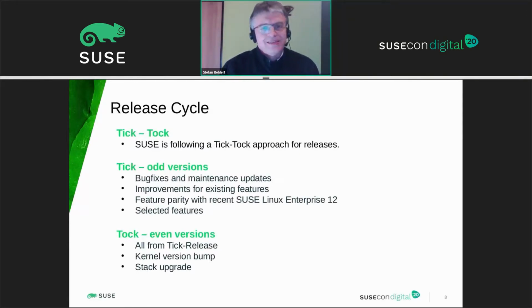Our releases, our service packs, come in two flavors. On one side, the odd versions: Service Pack 1, Service Pack 3, Service Pack 5, where we include mostly bug fixes and the maintenance updates that we have released since the first customer ship, but also a little bit of improvements for existing features, and add a little bit of feature parity with other code streams that we have.